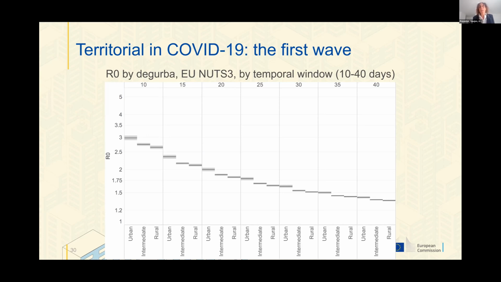And we saw, especially at the beginning of the epidemic, in the first 10 days of the first wave in 2020 in Europe, there was a huge differential between the contamination rates, the R0, the reproduction number, sorry, between urban and rural areas. This has changed over the course, and it has changed in the next wave. And if you want to know more, I have a presentation about that at the IUSSP next week. Just a small advertisement, at 5 o'clock in the morning.